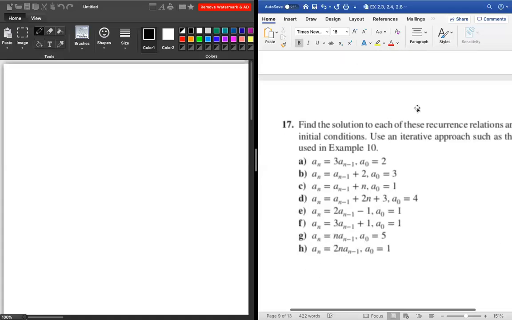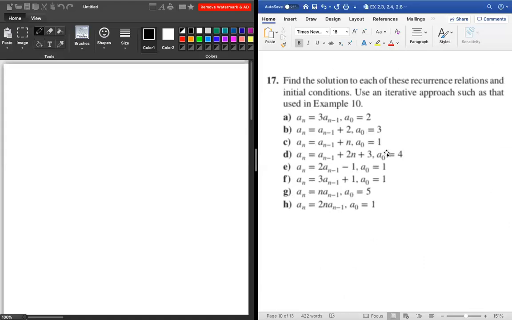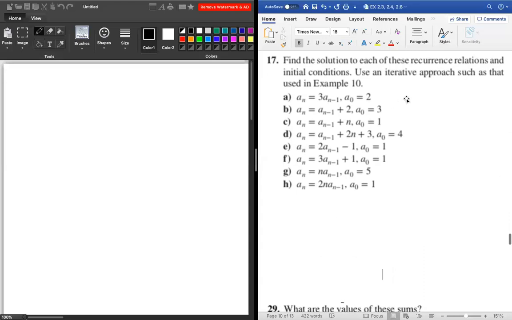Okay, let's move on to the next question here. We have to find the solution to each of these recurrence relations and initial conditions, and then use an iterative approach such as that used in example 10.